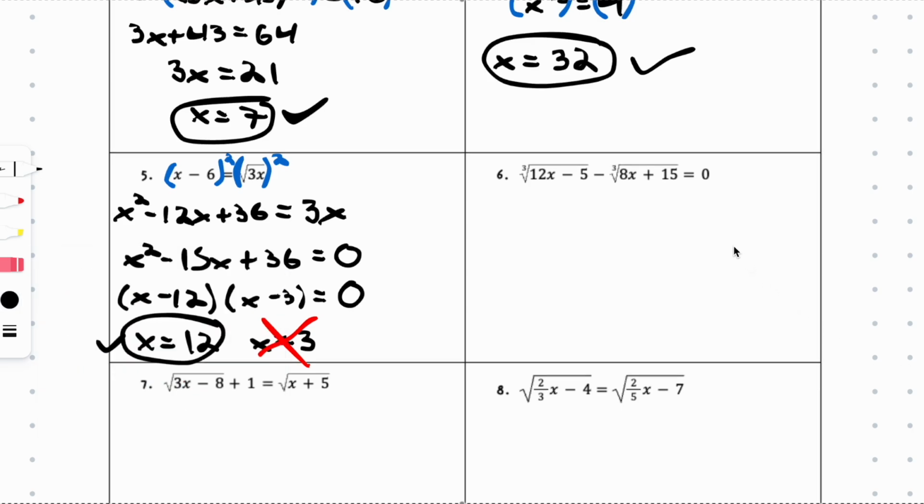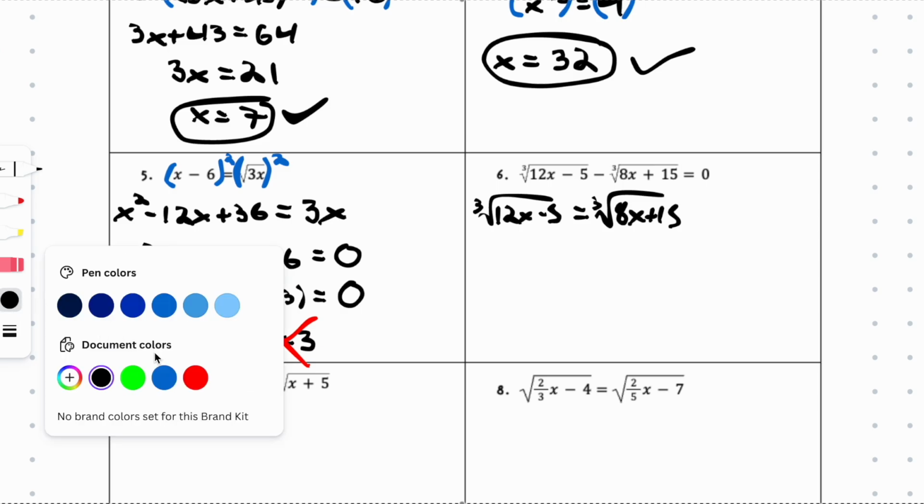Great. Okay, let's do number 6 now. So in this case, we want to move this cube root of 8x plus 15 to the other side, such that we get the third root of 12x minus 5 equals the third root of 8x plus 15.